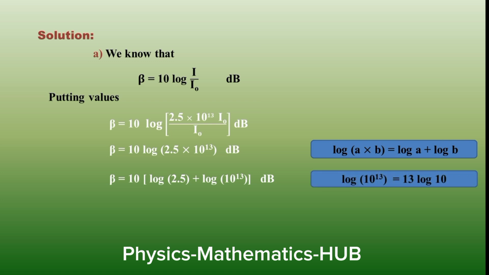Using another formula, log of 10 to the power 13 is equal to 13 log of 10. We get beta is equal to 10 times log of 2.5, which is 0.397, plus 13 log of 10 decibels.